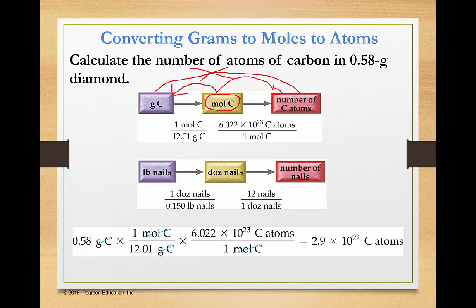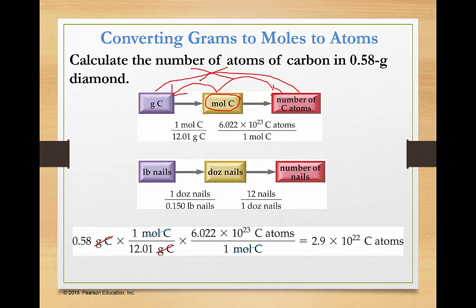So let's say I have... this says pounds of nails, dozens of nails, number of nails, but what we were looking at is our diamond. So we started out with our 0.58 grams of carbon in the diamond, and this is what we just did in the previous slide, times 1 mole of carbon divided by 12.01 grams of carbon. Grams canceled out for us, and now we have the number of moles of carbon.